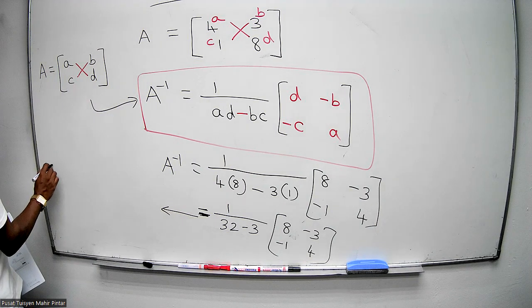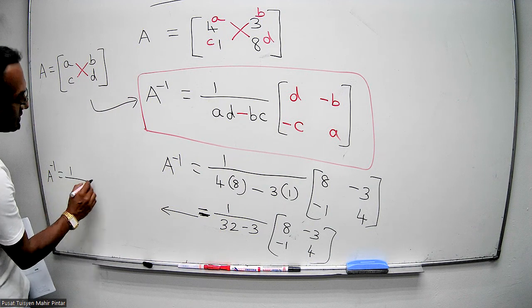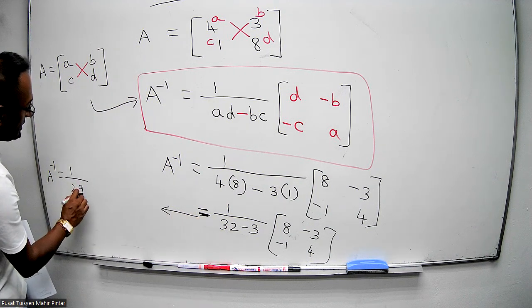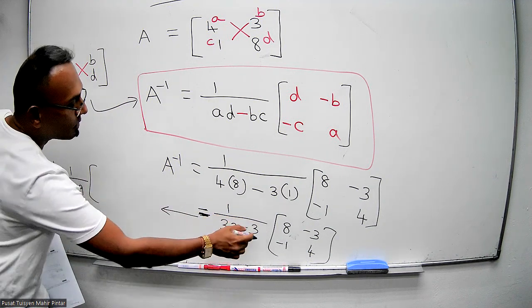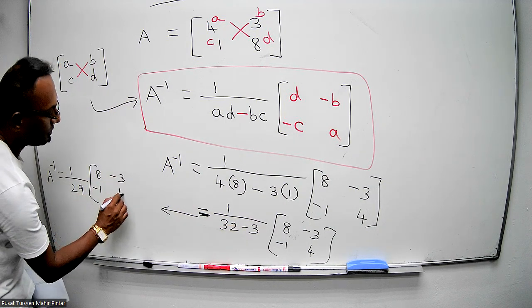A inverse equals 1 over 29, then inside the bracket 8, -3, -1, and 4.